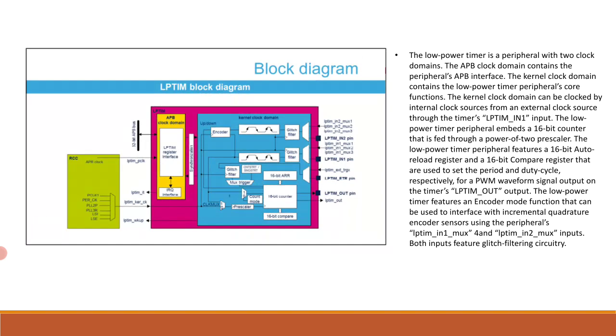The low power timer features an encoder mode function that can be used to interface with incremental quadrature encoder sensors using the peripheral's LPTIM_IN1 and IN2 inputs. Both inputs feature glitch filtering circuitry.